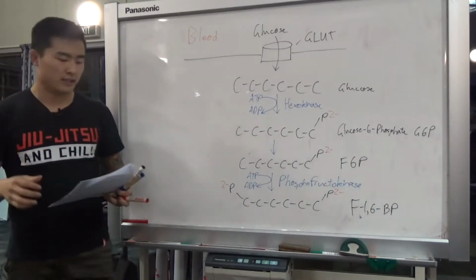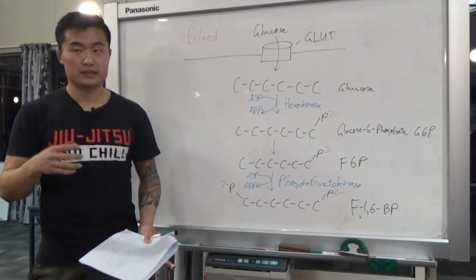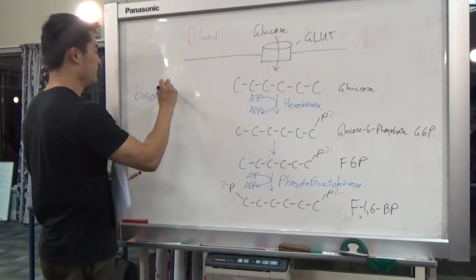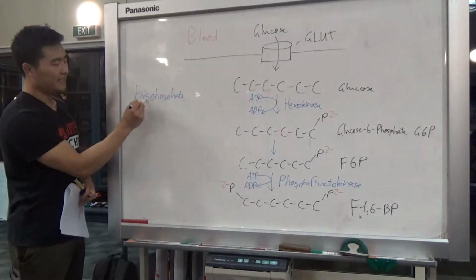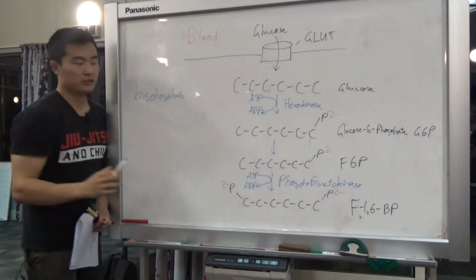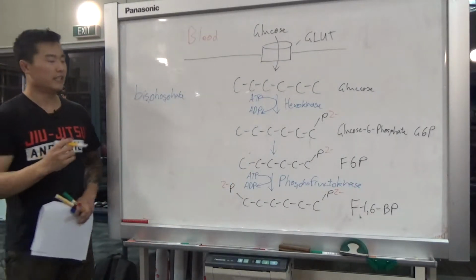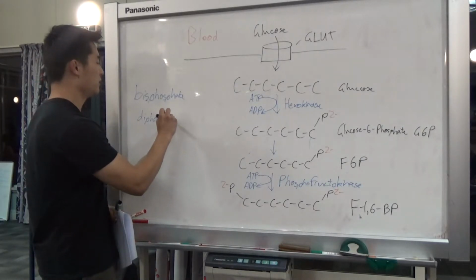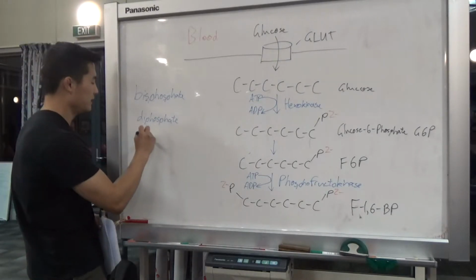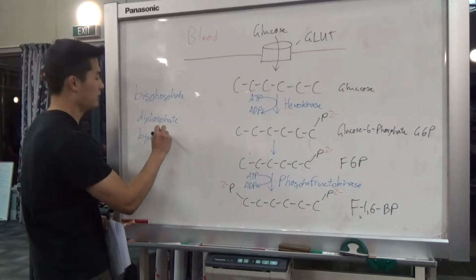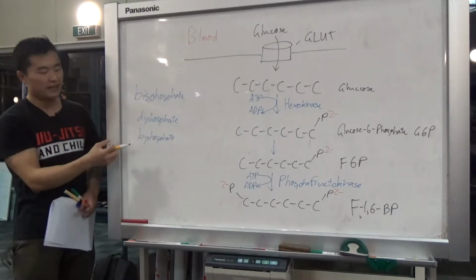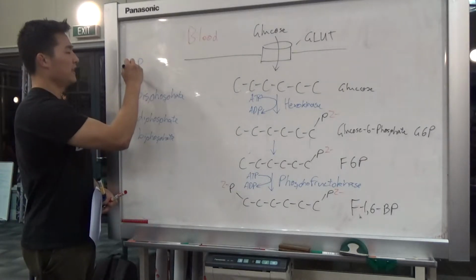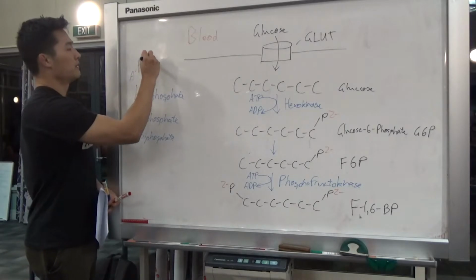Just a little reminder: if it's bisphosphate, if there's an S in there, it means the phosphates are on different carbons. And if it's a diphosphate, you could say biphosphate, but usually we say bi or di, if there's no S, then that means the two phosphates are connected, right?